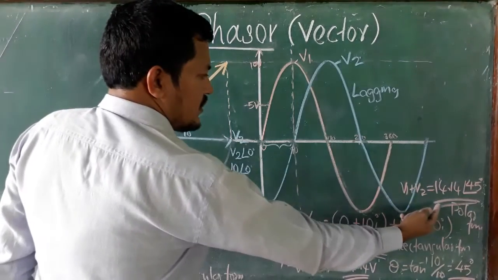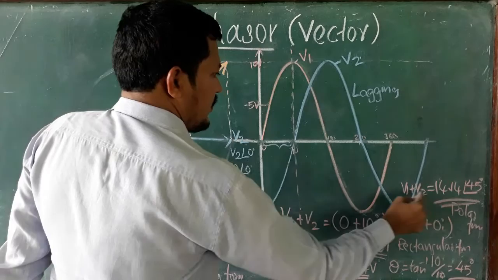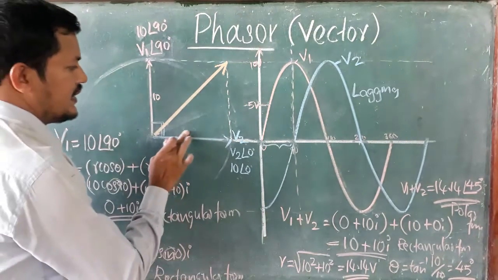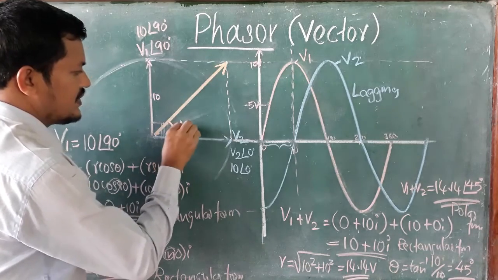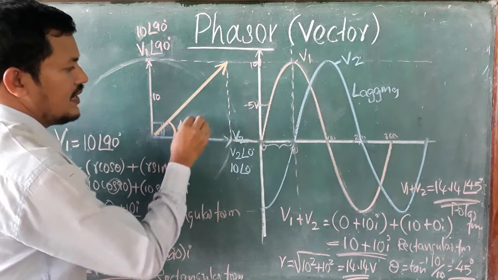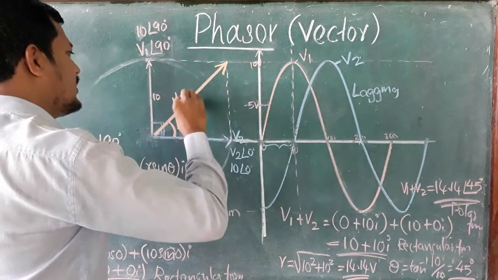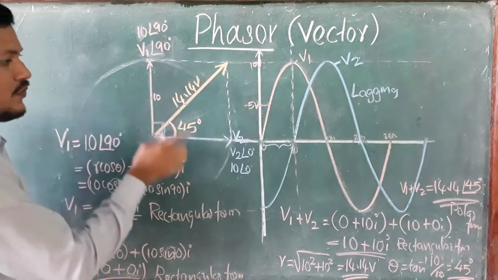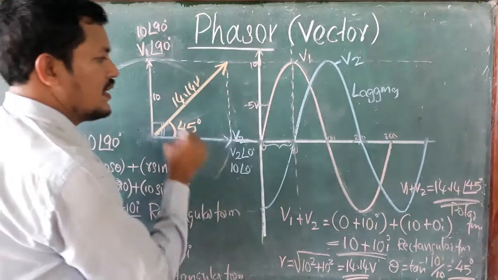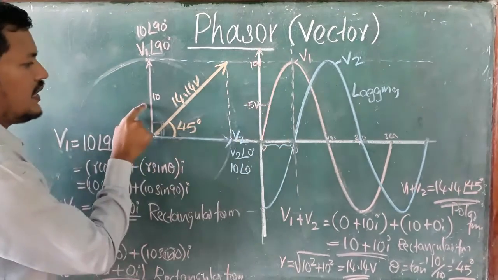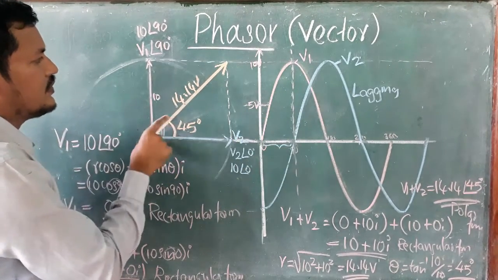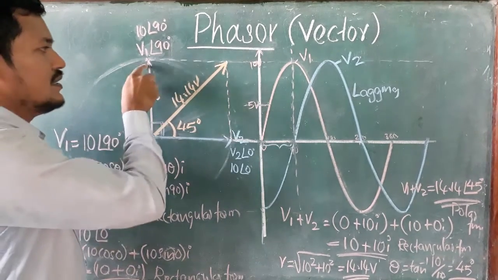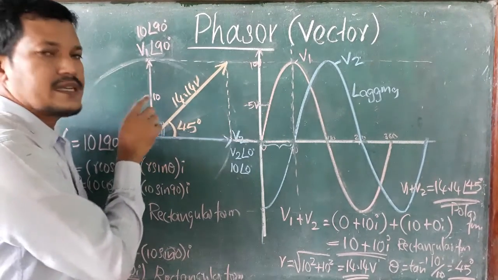Again we found the total output, V1 plus V2 is 14.14 at an angle of 45. The angle is 45 and the magnitude is 14.14 volts. While adding two vectors we got this output, this much voltage. Clear. This is phasor addition.